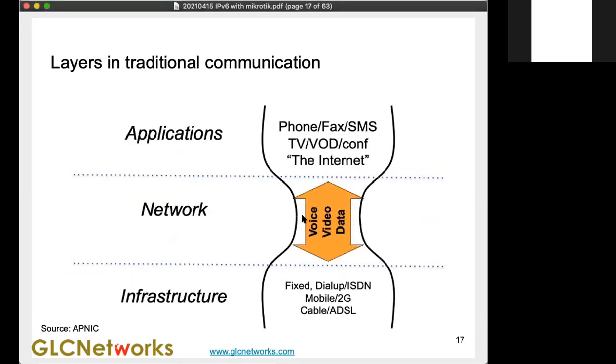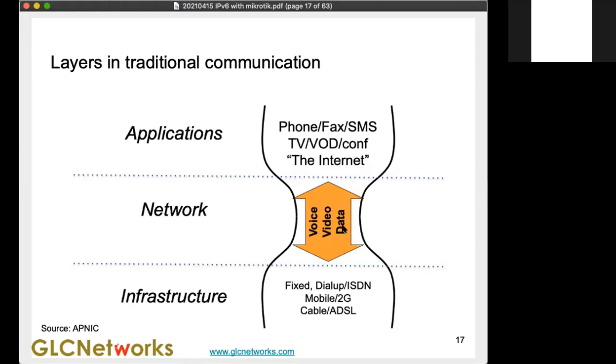So layered telecommunication in traditional telecommunication is like this. We have infrastructure, network, and application. As you can see, the network here is divided into different physical networks. Previously we had a copper wire that can deliver voice, and then a video network, and a data network.